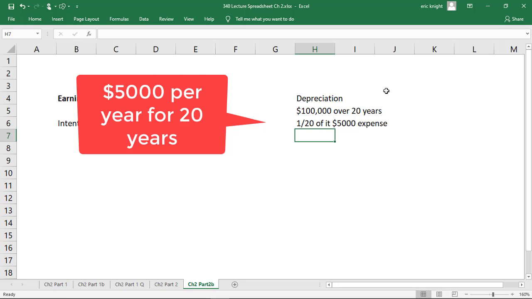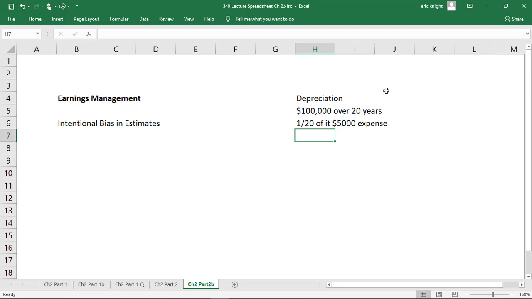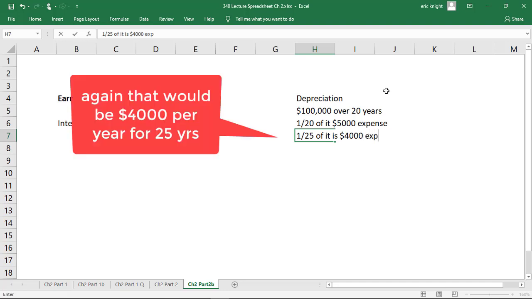However, management might say, well, we want a little bit more profit this year. So when we calculate the depreciation on this new equipment, let's calculate it as 25 years. I mean, who's really going to know whether we're going to use it for 20 or 25 years? Instead of 5,000, now it becomes 4,000. And so we have more profit because our expenses are a little bit lower.